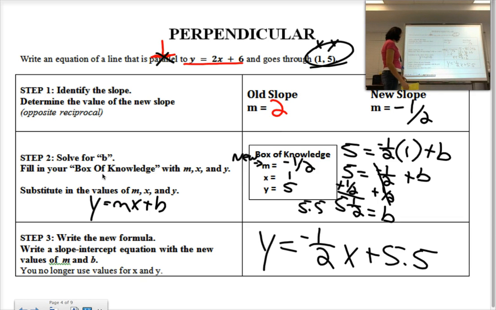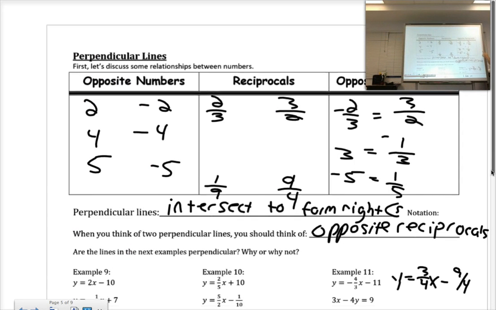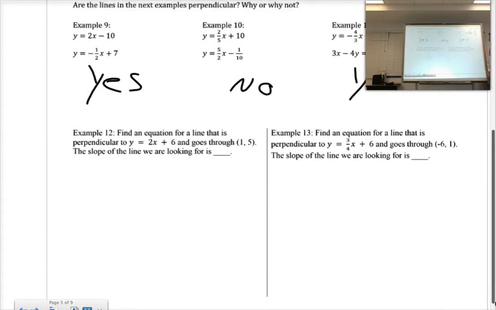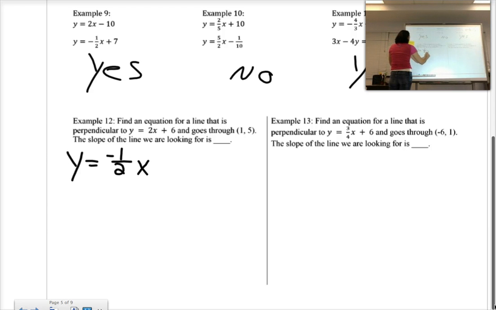Now, if you go to the page that we did before, and you scroll down, that table that we just did corresponds to number 12. So number 12 is the one we just did, which is y equals -1/2 x plus 5.5.